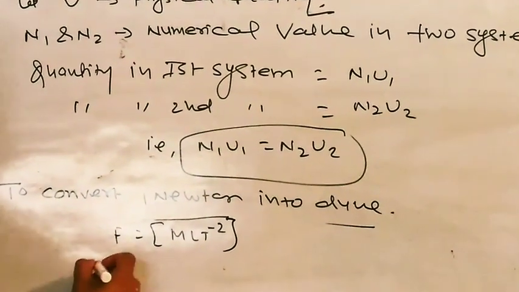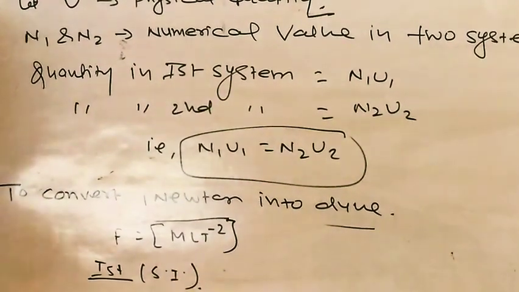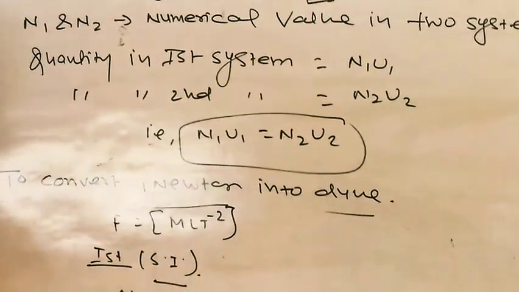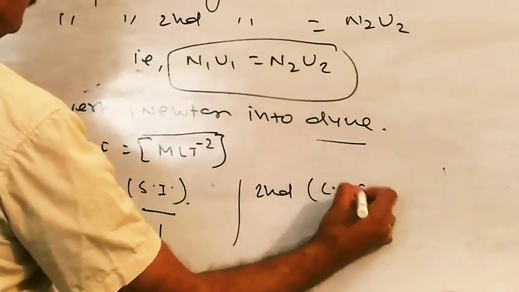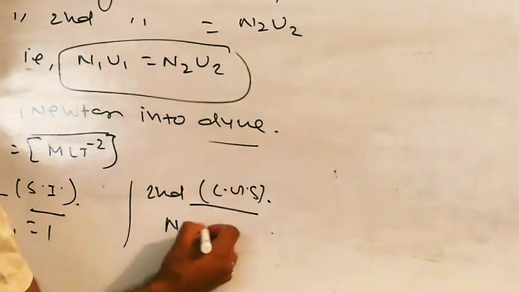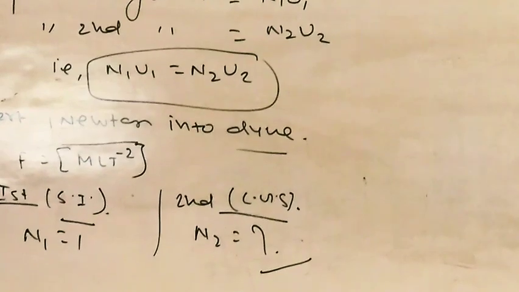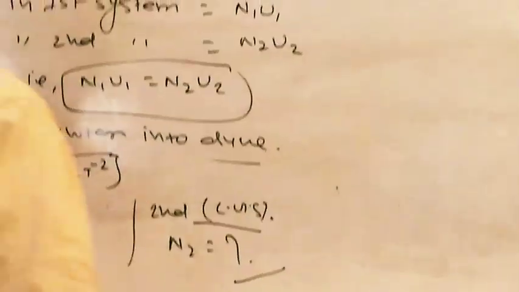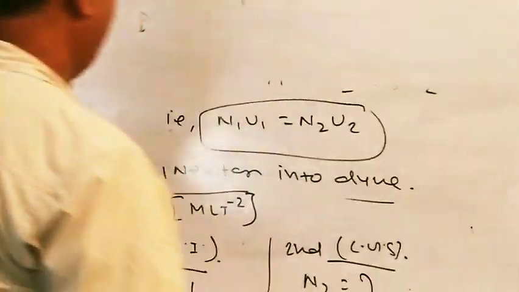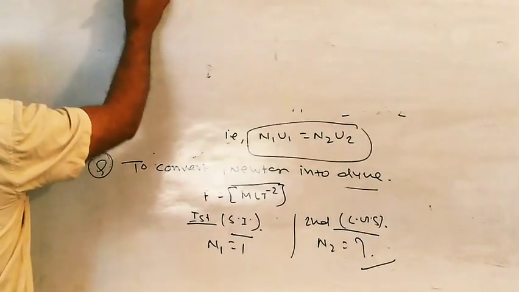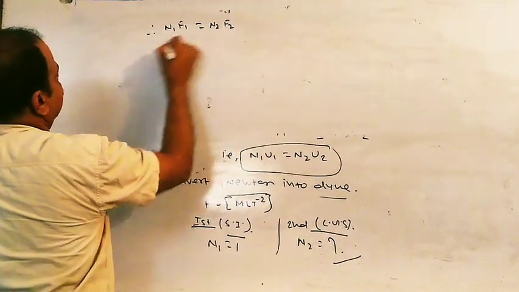Newton is SI unit of force, so first system is SI. The numerical value in this system N1 equal to 1. Second system is CGS. Numerical value is N2, and we have to find the value of N2. By principle of conversion, N1 F1 must be equal to N2 F2.